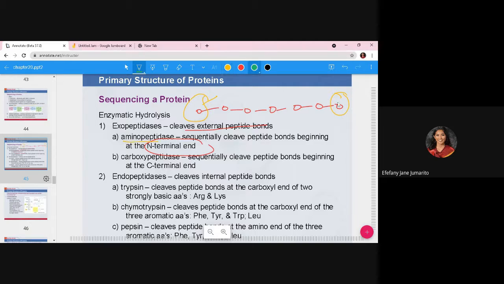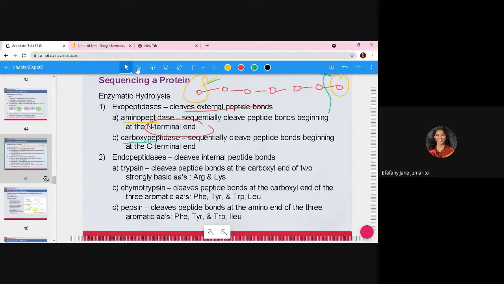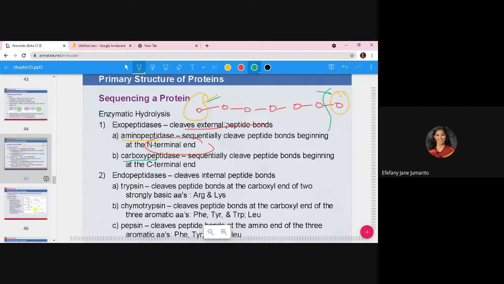Now the one that cleaves your carboxyl end is carboxypeptidase. Both are exopeptidases. We have also endopeptidases. Now endopeptidases cleave internal peptide bonds. Okay, who cleaves these bonds here? It's the endopeptidases. So i-break niya, class ba?